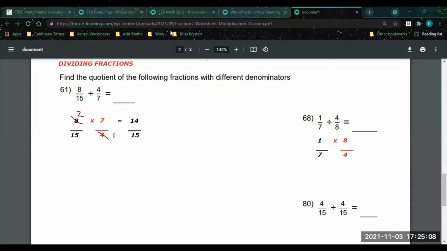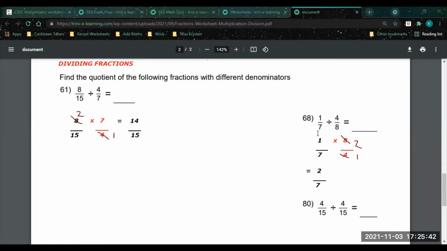The reason why I chose this example is because you can't actually reduce diagonally in this case, but you can reduce between these two things here. So 4 could go into 8 two times, and 4 could go into 4 one time. So then when you multiply, 1 times 2 is 2, and 7 times 1 is 7. Oops, sorry. So your answer would be 2 over 7.